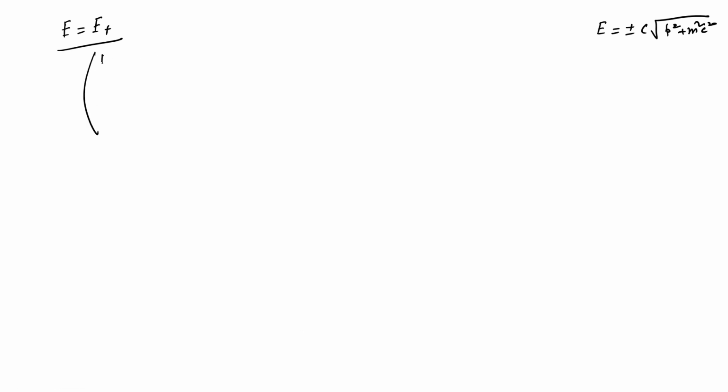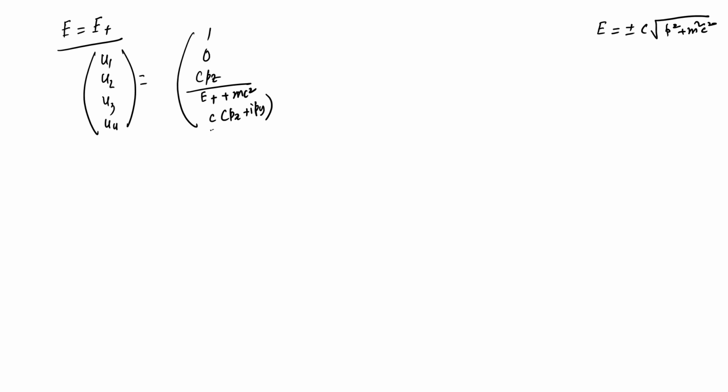So you have these u1, u2, u3, u4, and there are 2 linearly independent solutions. These are 1, 0, c p_z divided by (E plus m c square), and c (p_x plus i p_y) divided by (E plus m c square).